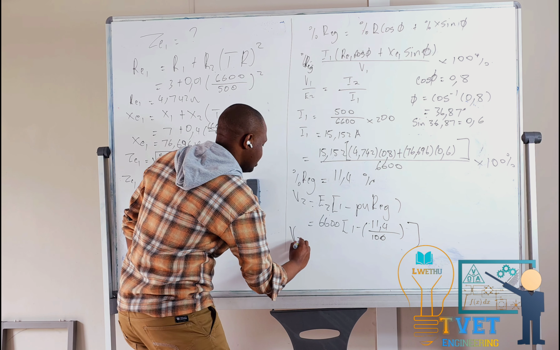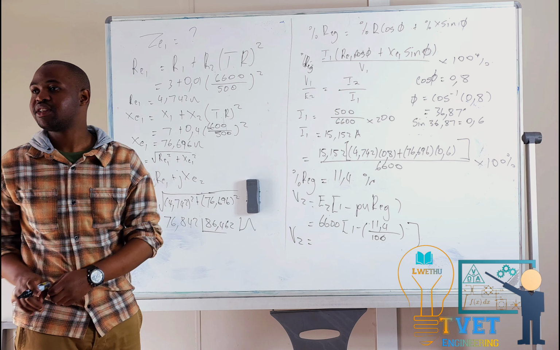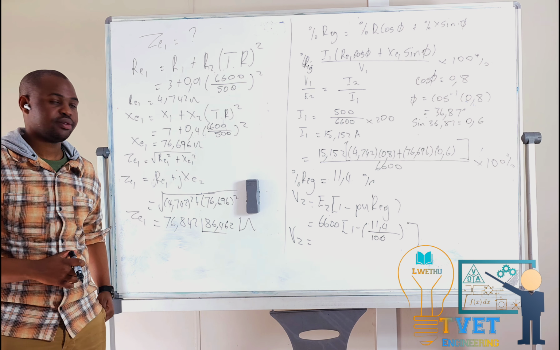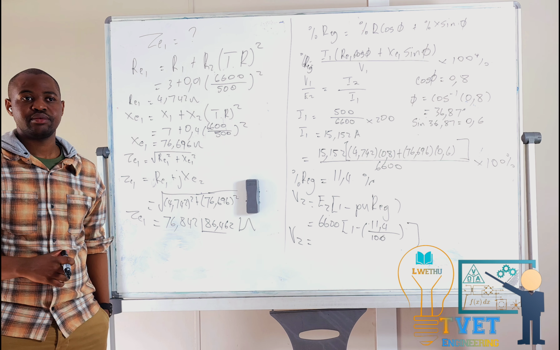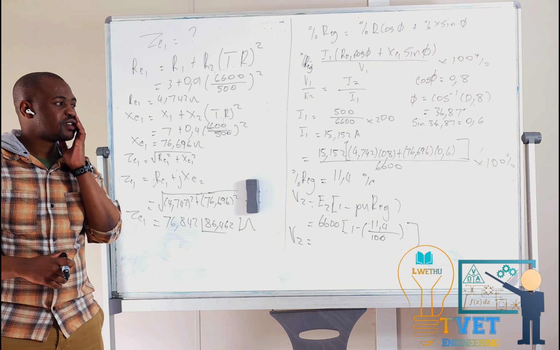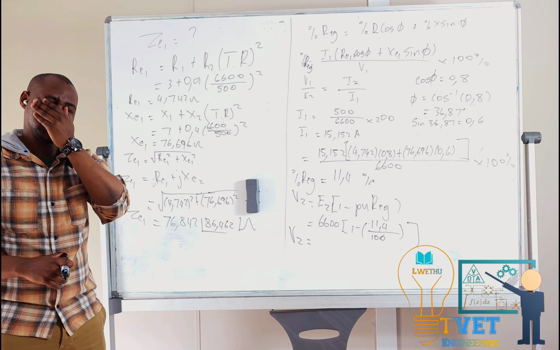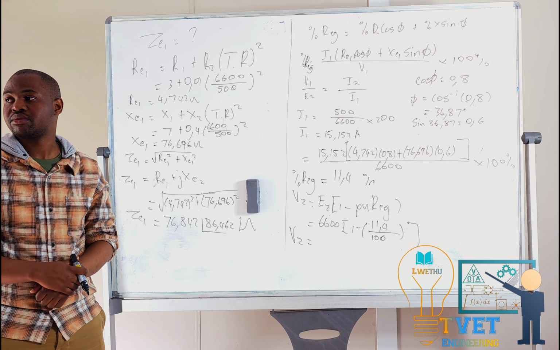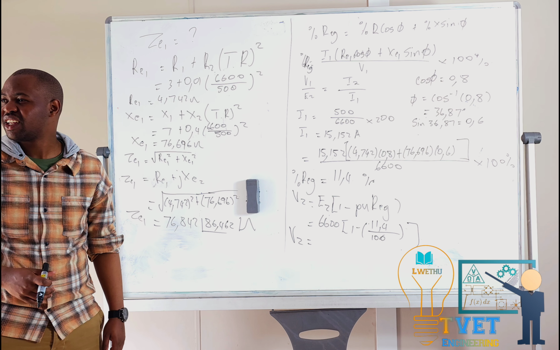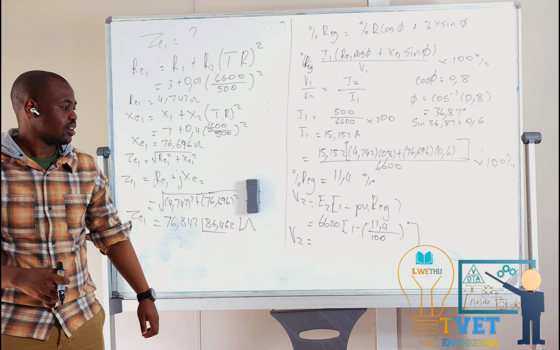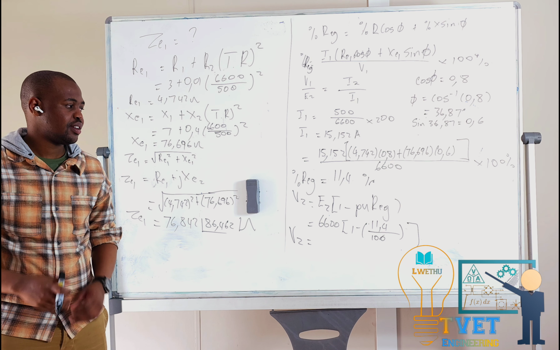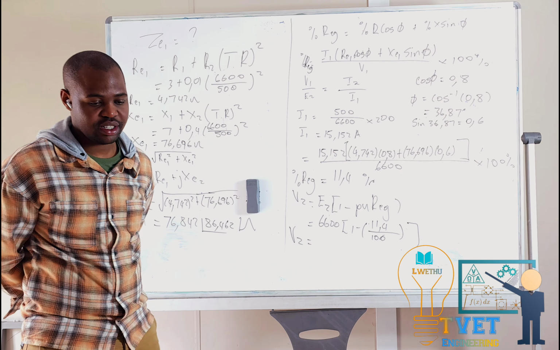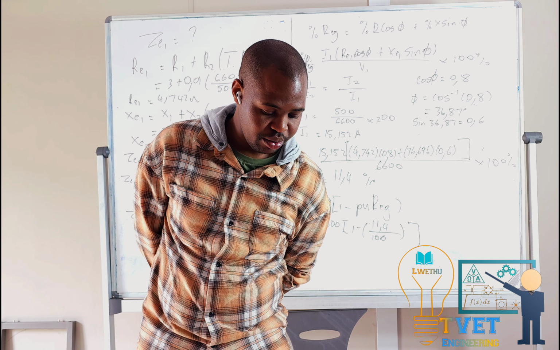What is the output terminal voltage? Remember, 11,4 must be divided by 100, because it becomes the per unit regulation.